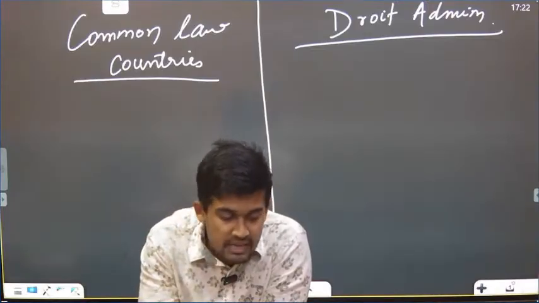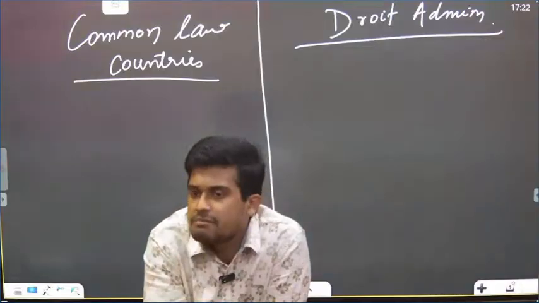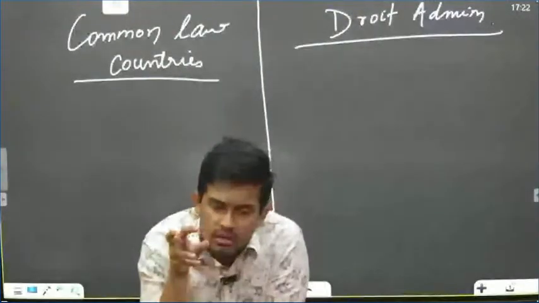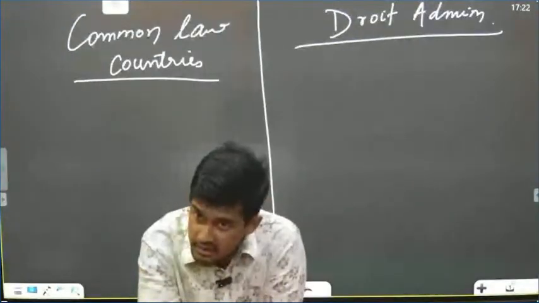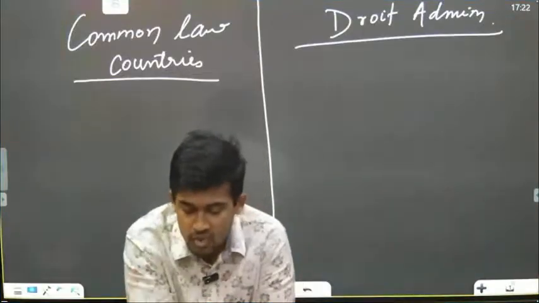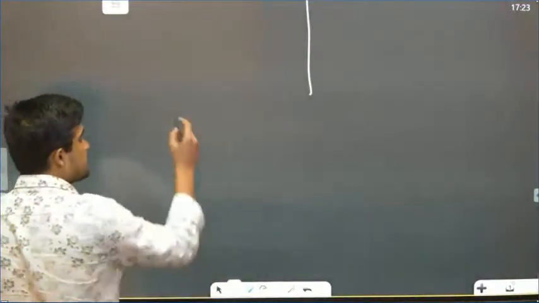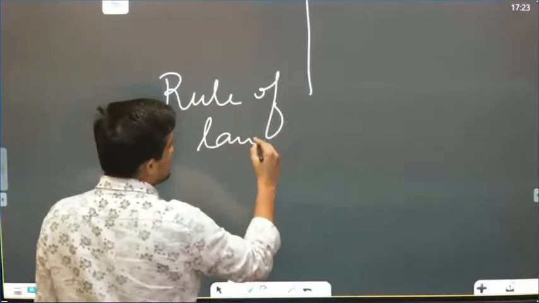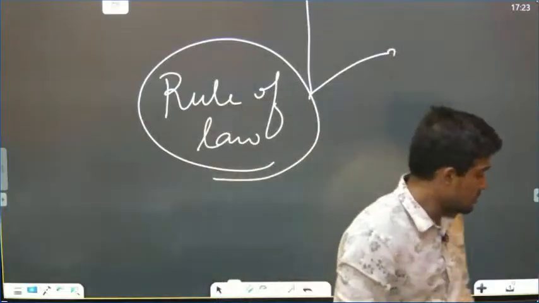It looks at what all things regulate or limit the power of the administration, so that their discretionary power is exercised not arbitrarily but according to the due process of law or rule of law. So the second part we understand here is that administrative law is about rule of law. We need to find out what exactly in our country ensures rule of law.